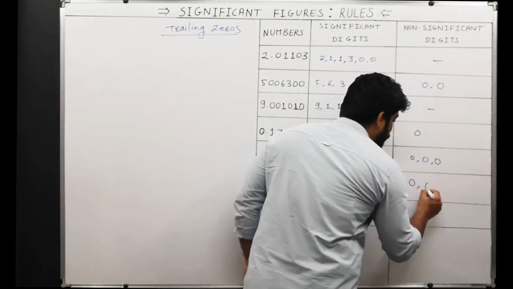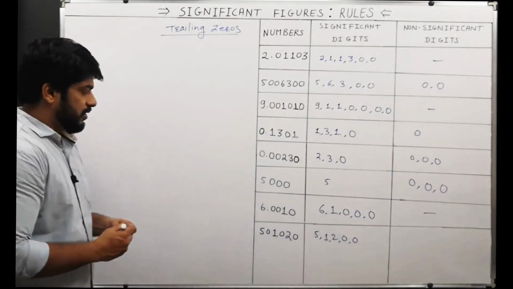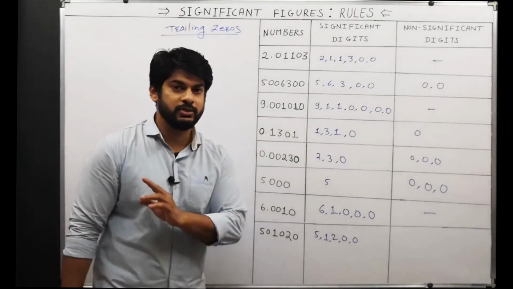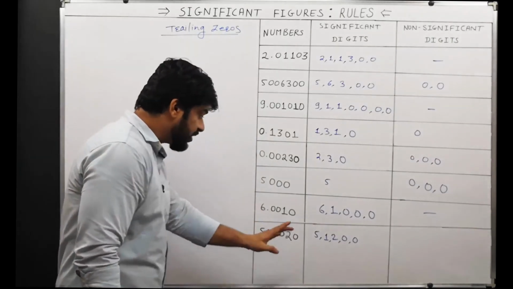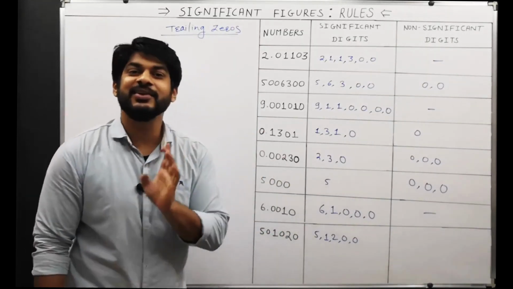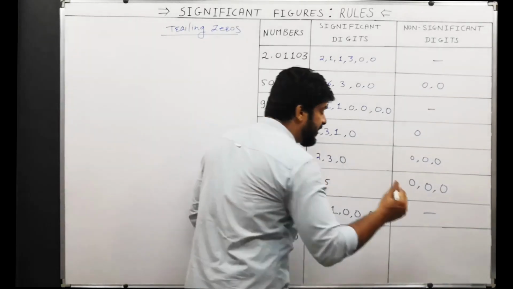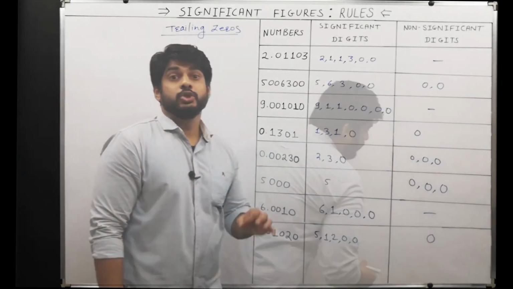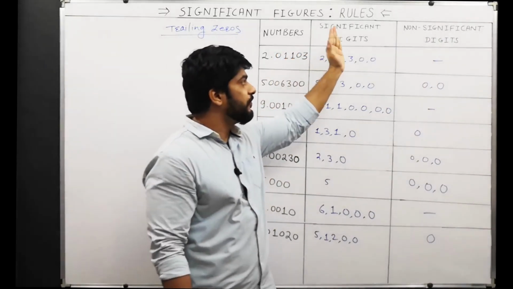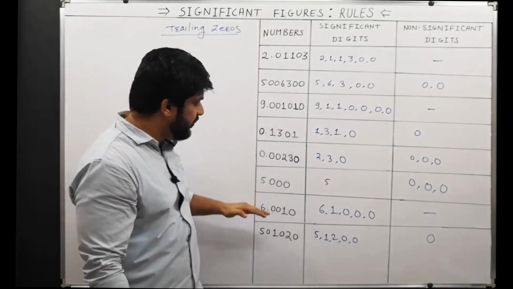So 1, 2, 3, these are non-significant digits. Here again we have a decimal point, so this rule does not apply. Now here there is no decimal, at the same time we have a trailing zero also, so this is a non-significant digit. So in this way we have found out the significant as well as non-significant digits in these given numbers.